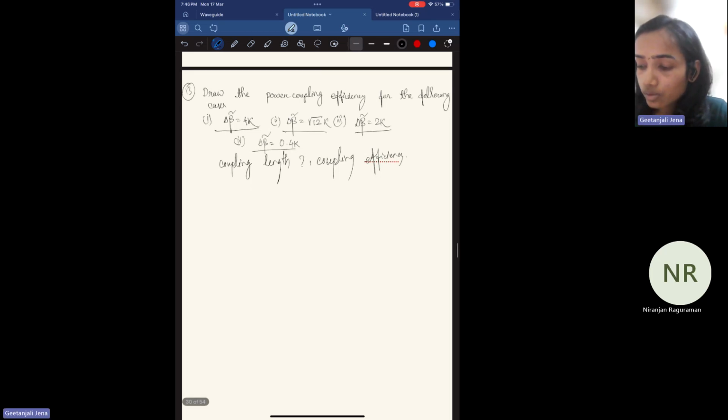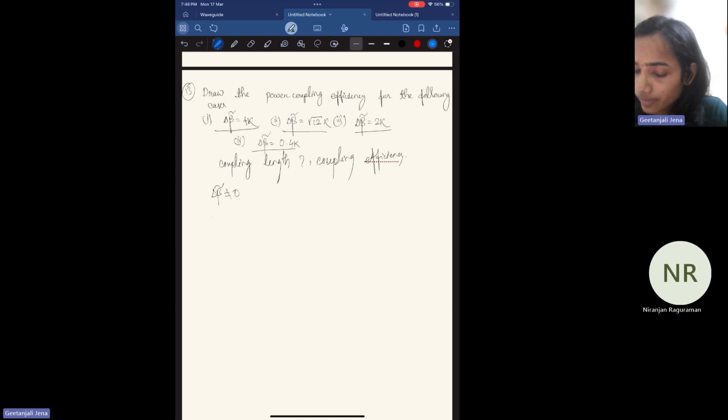Now let us see how the periodic power exchange will be affected by these options. When delta beta tilde is non-zero, that means we have non-identical waveguides.